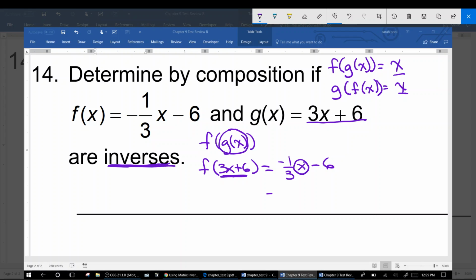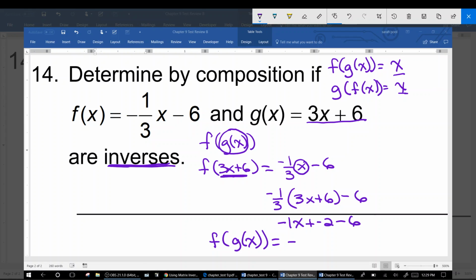So I'm going to end up saying negative 1 over 3 times 3x plus 6, minus 6. So now when I distribute this negative 1/3 to everything, I end up with negative 1x plus negative 2 minus 6. So I end up with f of g of x equals negative 1x minus 8.